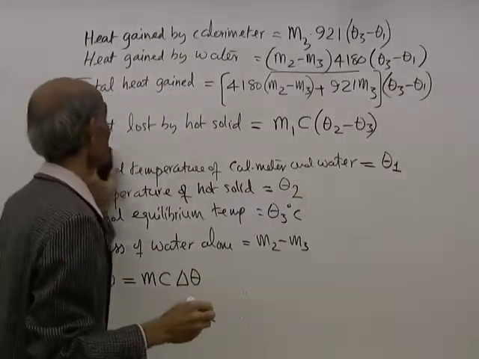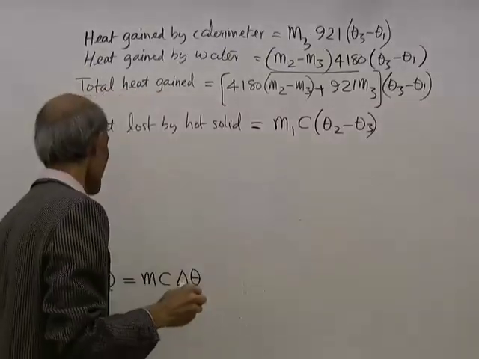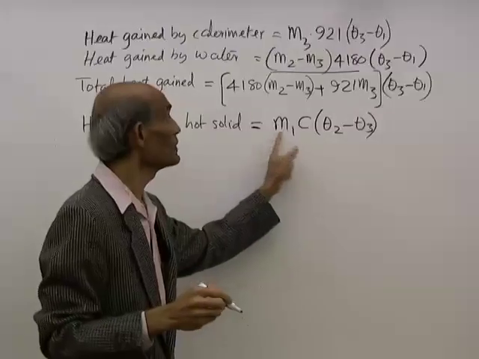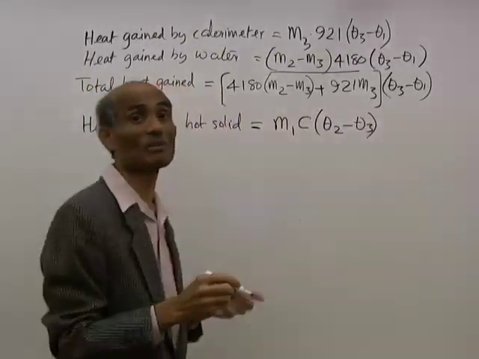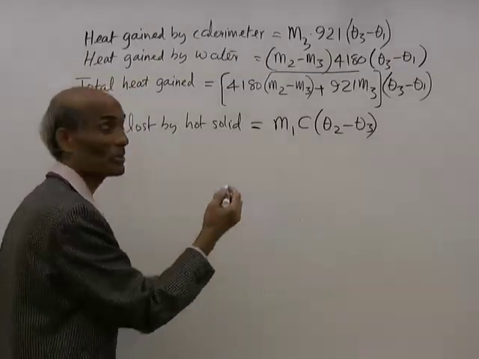Okay, and now we say the amount of heat lost by the hot solid, that is this quantity, is equal to the amount of heat gained by calorimeter and water. And that is the principle of the method of mixtures.